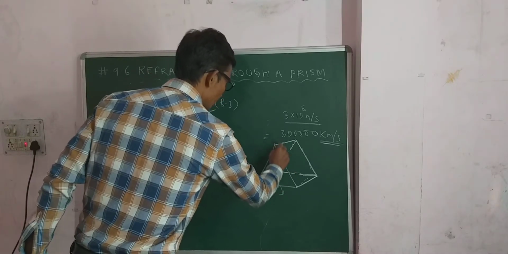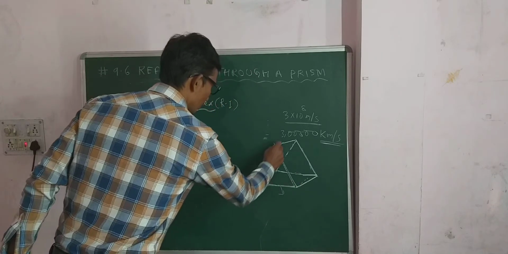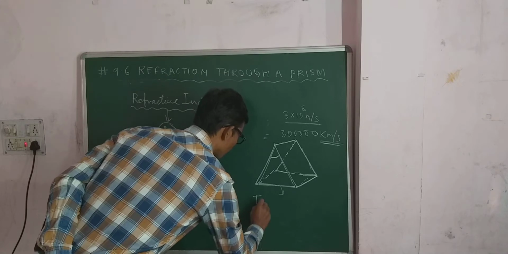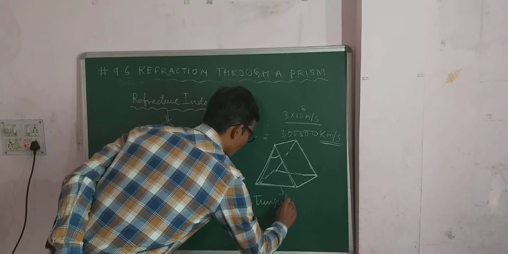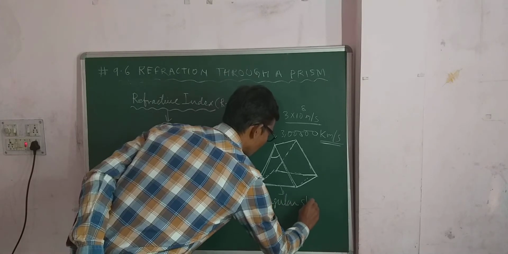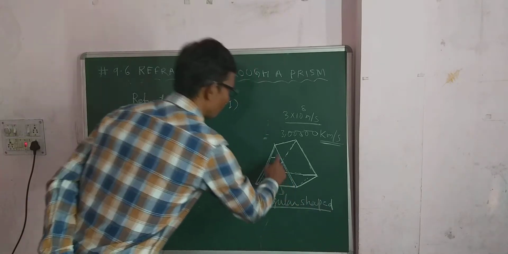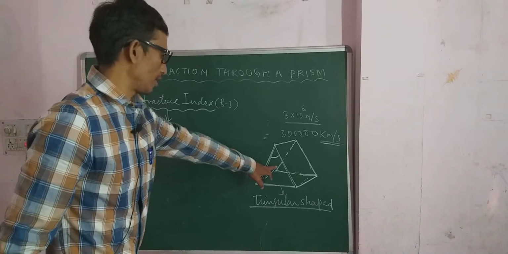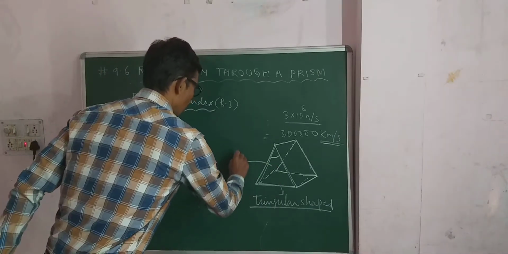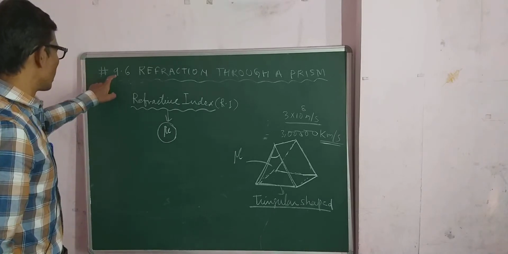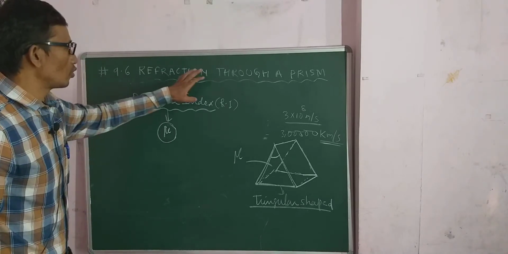This is the rectangular shape. This is called the triangular shape. This is the prism, a transparent medium. It also has mu, and the subtopic is 9.6, refraction through a prism.